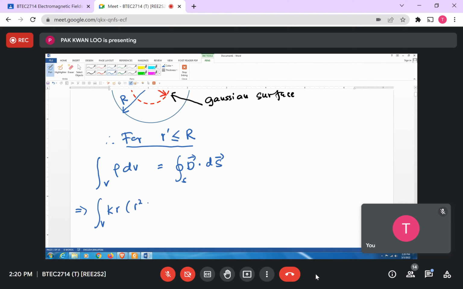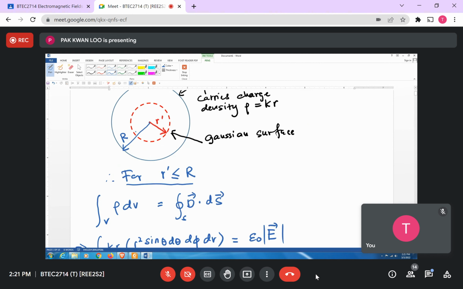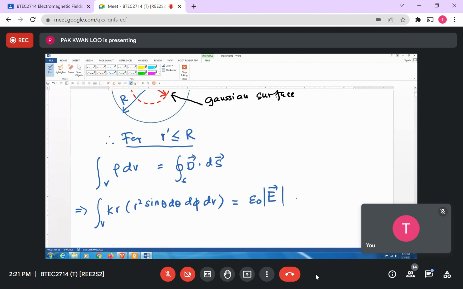It is r squared sine theta d theta d phi dr. On the other side, epsilon naught E, the magnitude, because it is a spherical surface, the entire area of a sphere is 4 pi r prime squared.